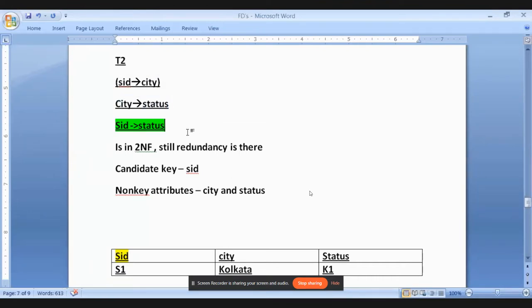So if there is a non-key relationship present in your table, then you can be blindly sure that there is an FD where a non-key attribute depends on the candidate key, and such an FD will be got via the transitive rule. Understood what I tried to explain? What did I say? 3NF says that the relation has to be in 2NF, and what else? No non-key attribute should transitively depend on the candidate key.